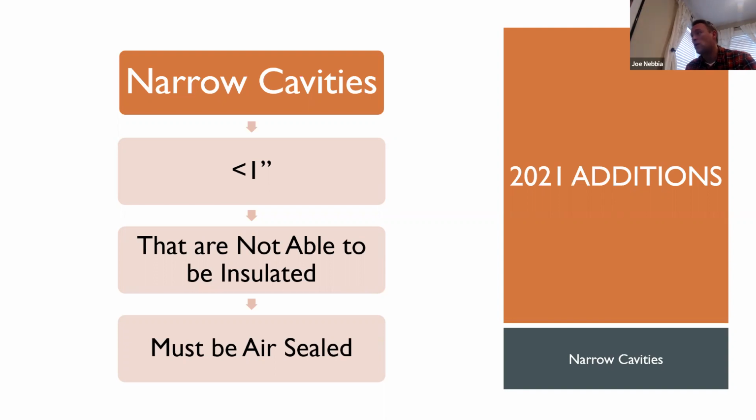And if you're foaming it, you are insulating it in a way. But that's a new detail that's added in 2021. Again, it's mandatory that it's cut to fit narrow cavities unless that cavity is less than an inch. In 2021, we can now just air seal that cavity. It's kind of recognizing that you're limited in your insulation choices for a cavity that's less than an inch.